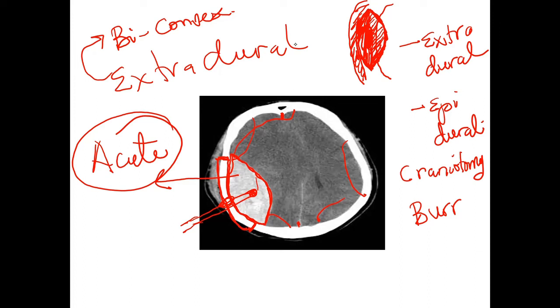Now, what are other features you see on this image? You can see there's a midline shift to the contralateral side. You can see there's effacement of all the sulci and gyri, and you can see there's obliteration of the ventricles.